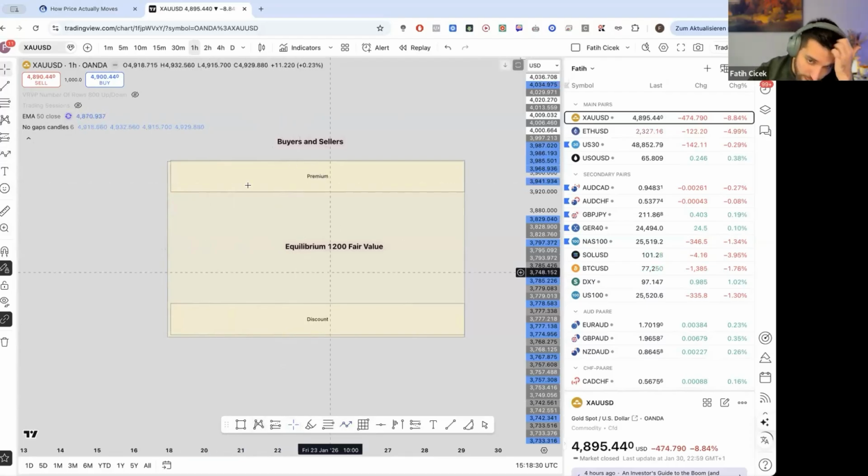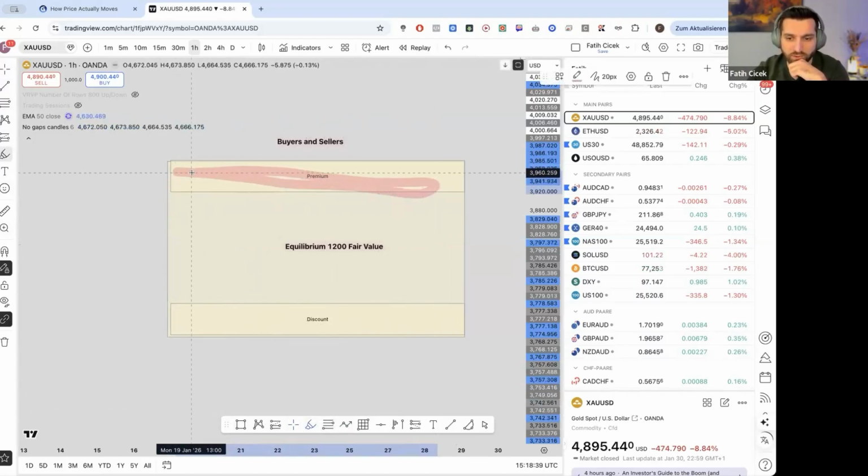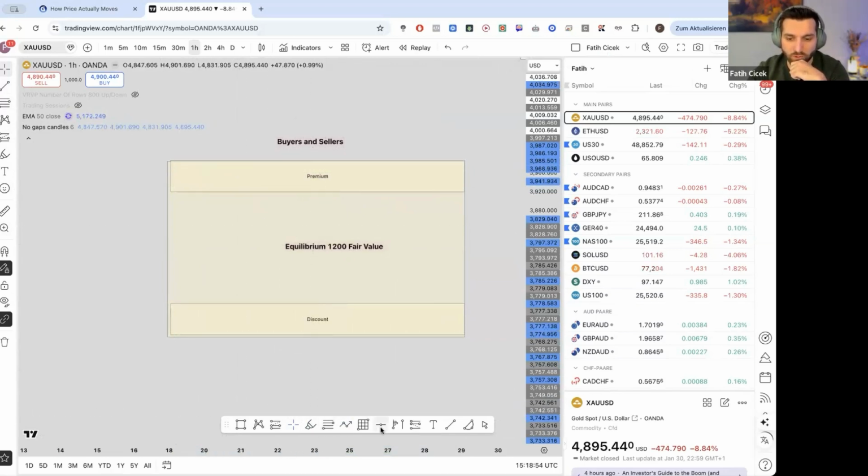So you can imagine that at the premium price, we're going to have a lot of sellers. But it's not going to have a lot of people who want to buy the iPhone for $1,800 or $1,500 because that's the premium price. Imagine you have an iPhone and you want to sell it for 1,800.